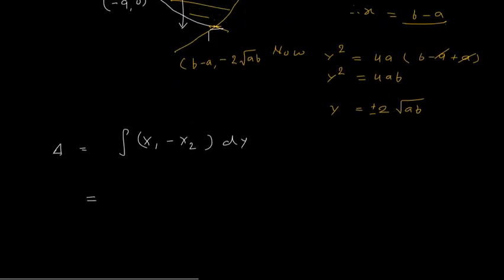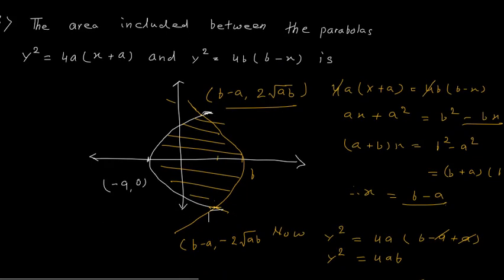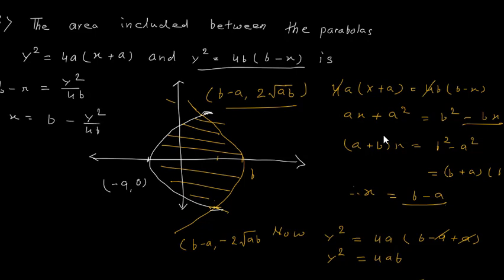So here it will be for this curve, this is y square is equals to 4b into b minus x. So that I will convert in terms of x. So here x1. So here if I check this equation, from here I will get b minus x is equals to y square upon 4b, and that will give me the value of x as b minus y square upon 4b.